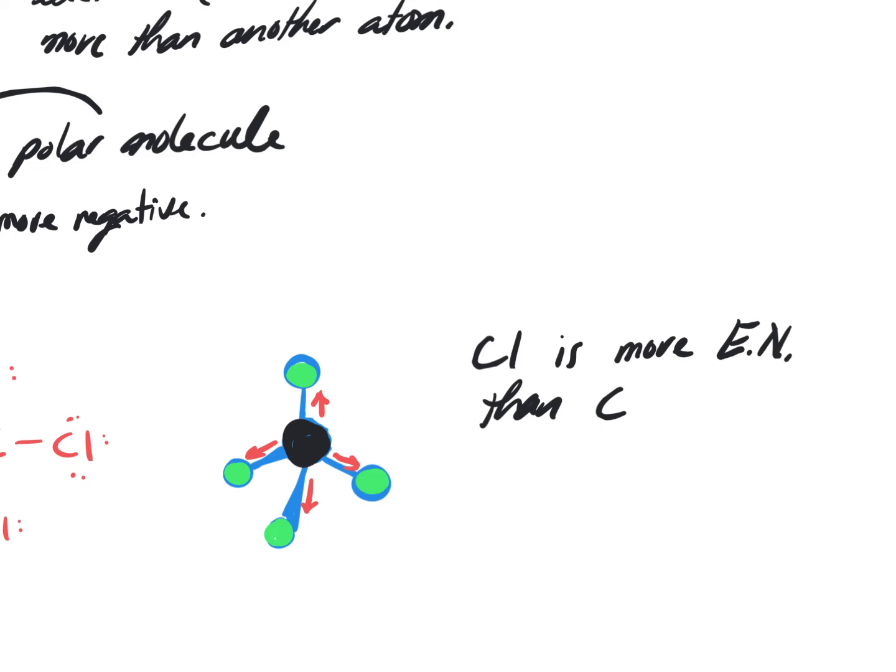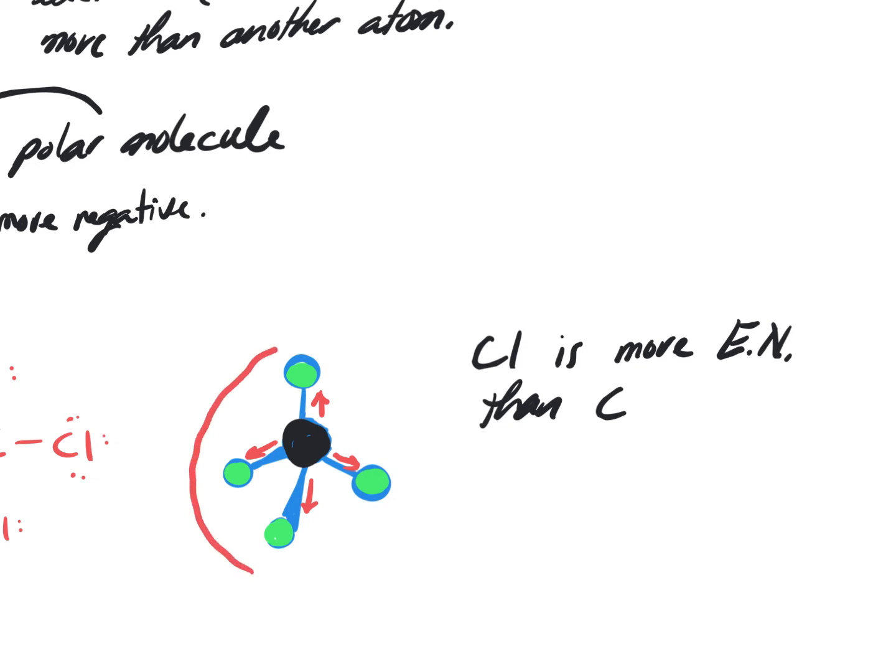My question would be this: is anybody winning the tug of war for electrons? Chlorine is pulling electrons on carbon all the way around this molecule. In other words, there is no one side of this molecule that's different than any other side. Nobody is winning the tug of war for electrons.